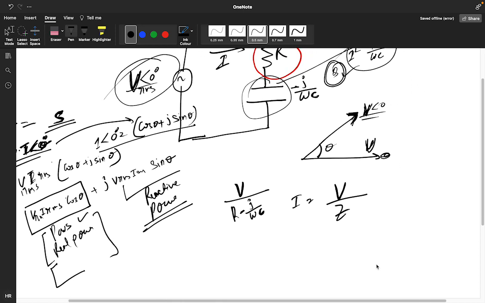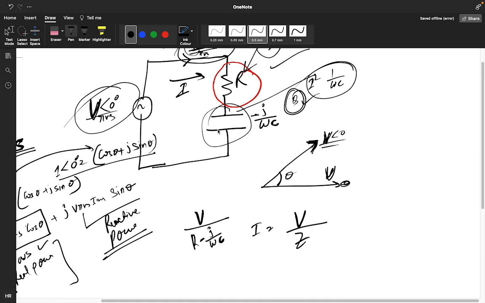So I is equal to V divided by Z. If you want to take it in the form of a phasor, V at an angle 0 degree, and this Z we can write as mod Z at an angle minus theta degree, whatever the theta is coming, I'm just considering it as theta.